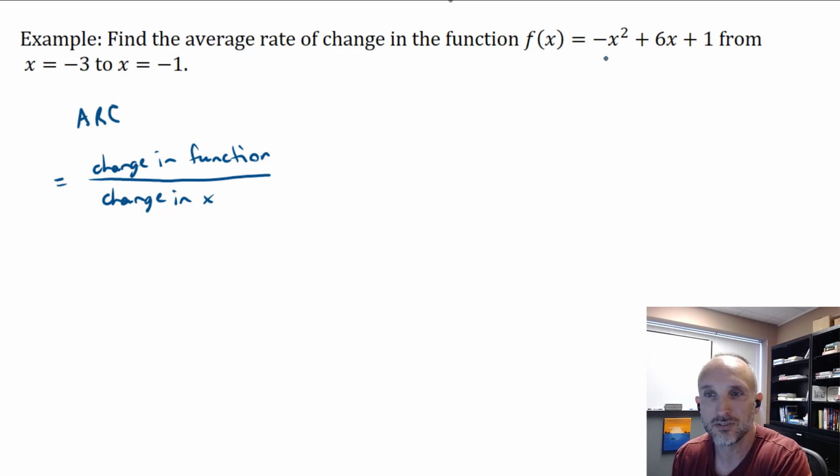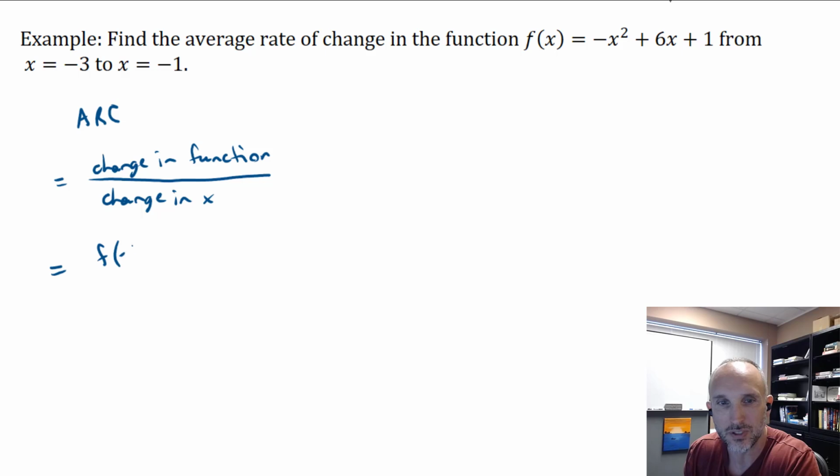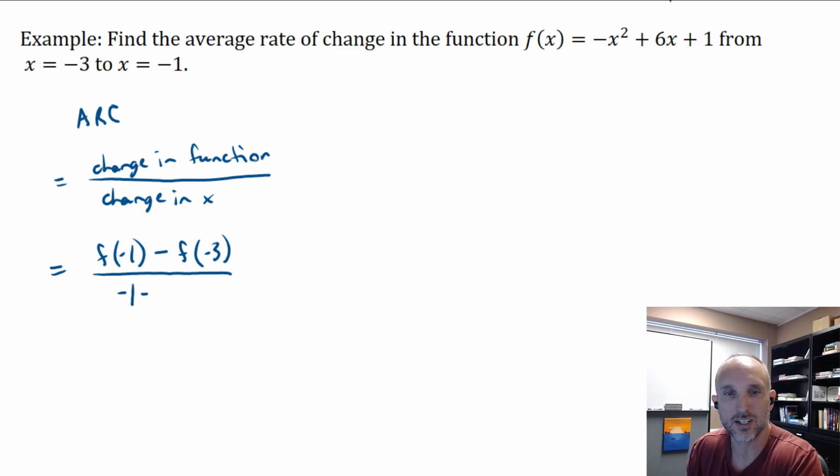And so we're looking for a vertical change divided by a horizontal change. So the way to calculate this would be, well, how do we calculate the change in the function? Well, we need to know the function value at the end, which is at -1. So we need to know f of -1, minus the function value at the beginning, which would be f of -3. And then to calculate the change in x, we take the ending x value -1 minus the beginning x value -3.